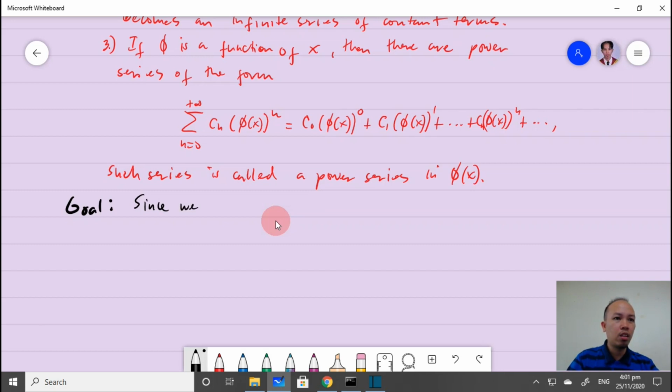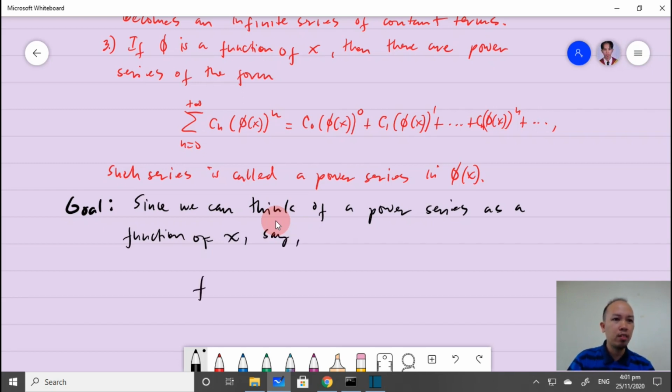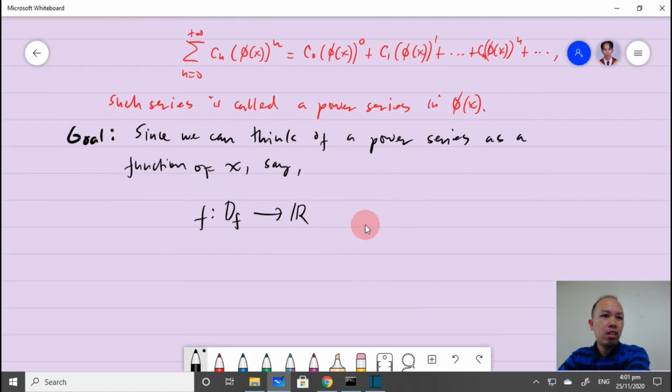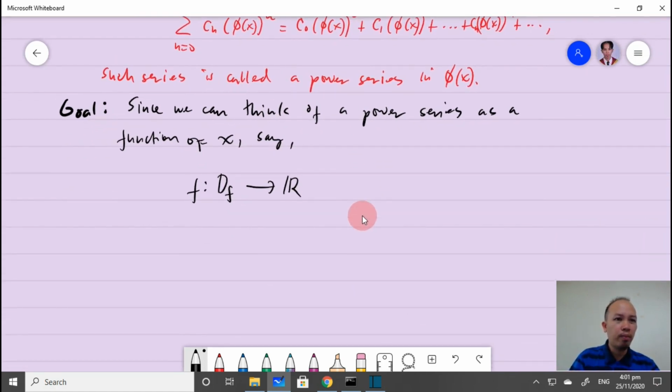Since we can think of a power series as a function of x, say f, with domain D sub f mapping to R, given by the summation of c sub n times x minus a to the power of n, where n starts from 0 to positive infinity.